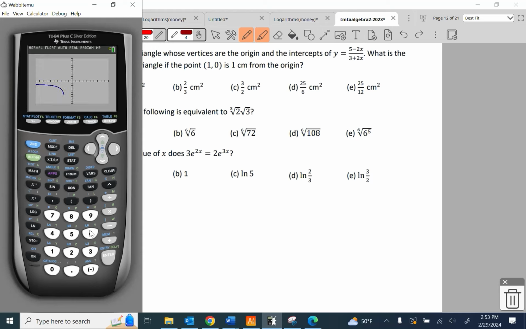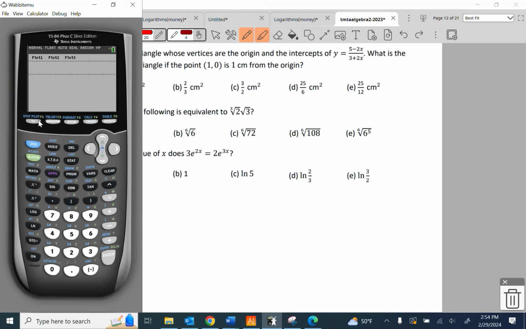It says the vertices are the origin and the intercepts of y equals. So here's an intercept right here. I don't do this very often in class, but second trace, value at 0. Looks like y is 5/3. Cool.